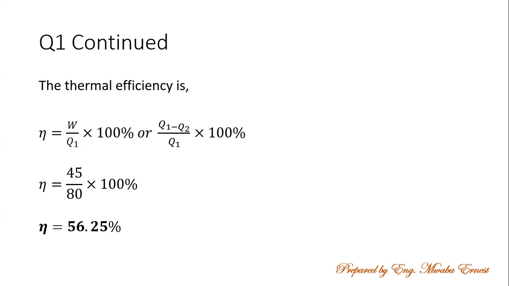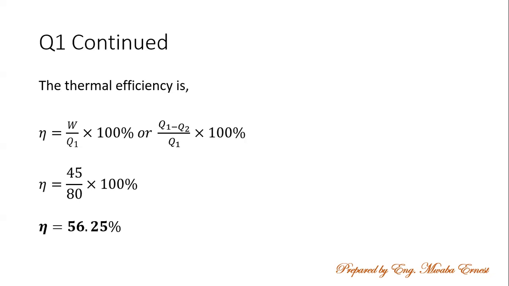Let me go through this again. We're looking for the thermal efficiency. To find the thermal efficiency, we take the ratio between the net work done and the heat from the source, expressed as a percentage, meaning work, W, divided by Q1 multiplied by 100%.